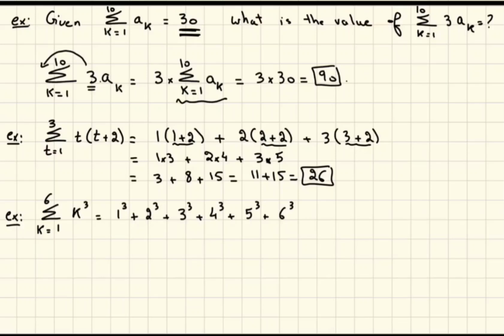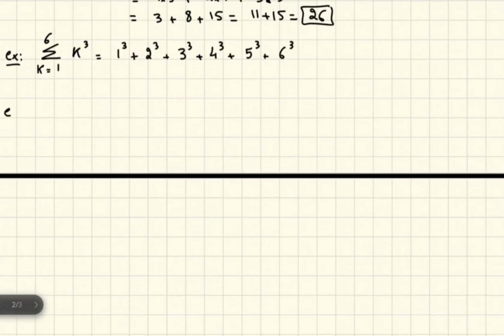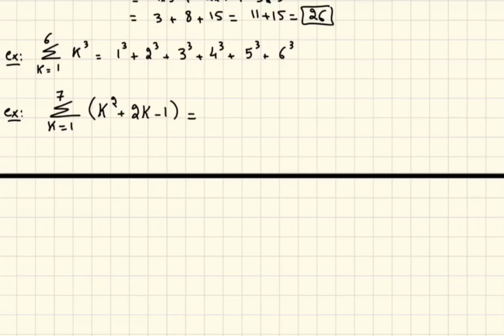Alright, the last example in this video will be about simplifying an expression in this way. So k from 1 to 7 of maybe k squared plus 2k minus 1, and you need to simplify this without the calculator.